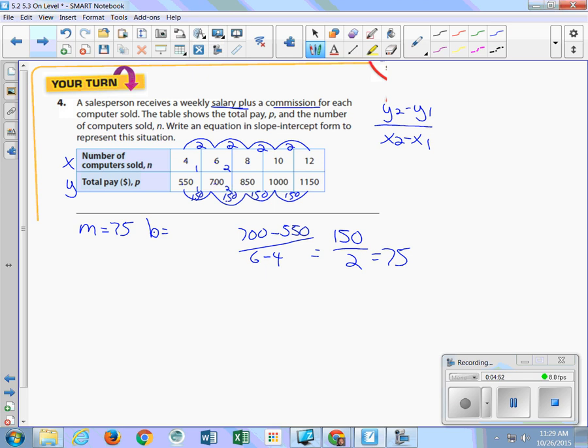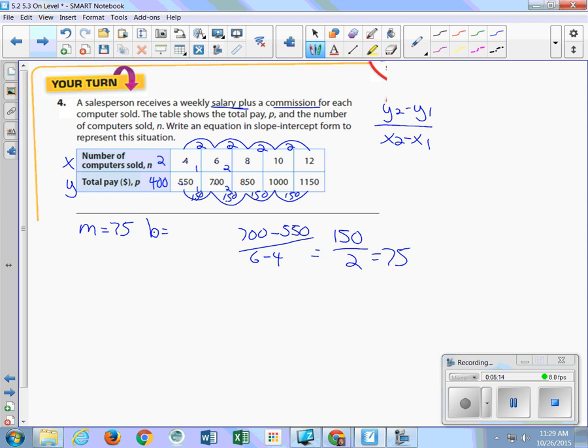So we're going to use the going up by 150 to work it backwards, and we're going to subtract 150 from the y and 2 from the x. So 4 minus 2 is 2. And 550 minus 150 is going to be, let's see, 400.